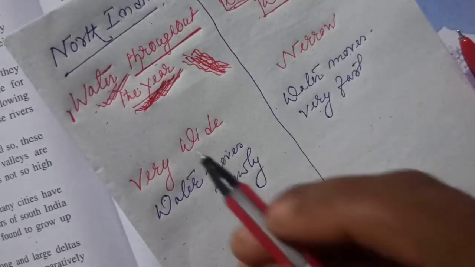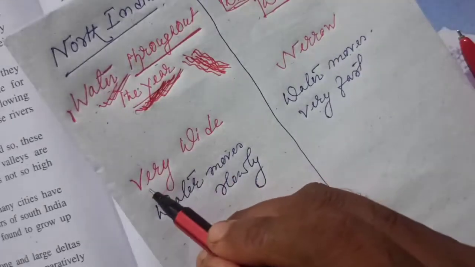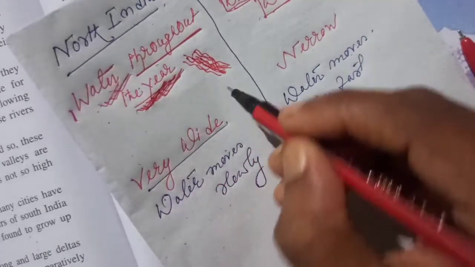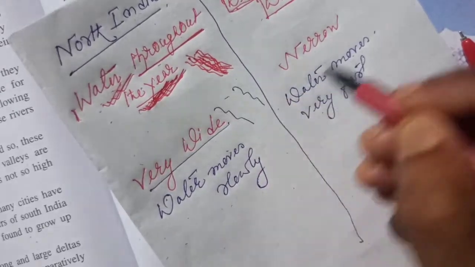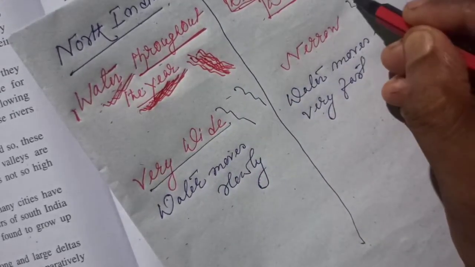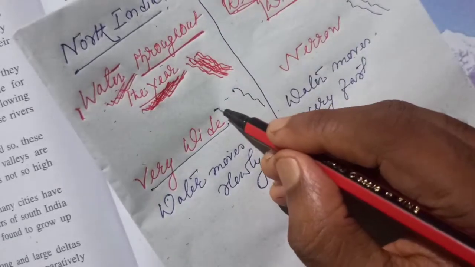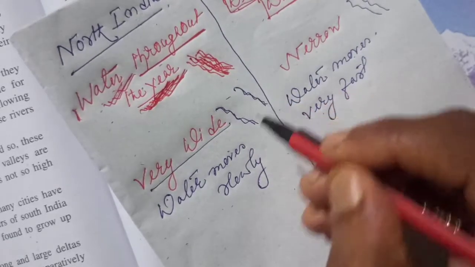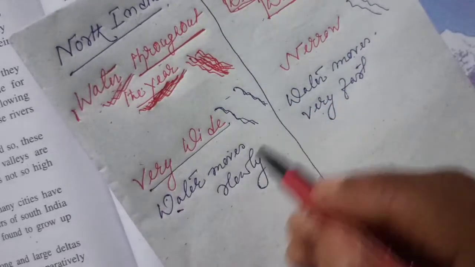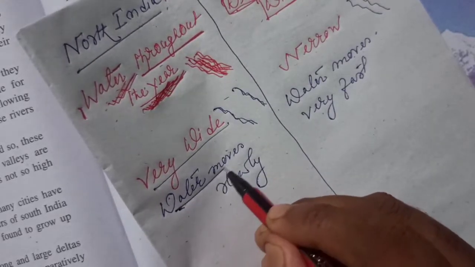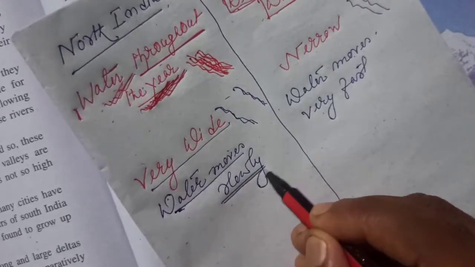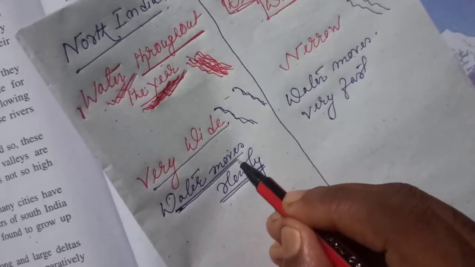Now see another difference between North Indian and South Indian rivers. North Indian rivers are very wide, whereas South Indian rivers are very narrow. Since they are very wide, the current of the water is very slow. The water moves very slowly. When the water is moving slowly, people can navigate.